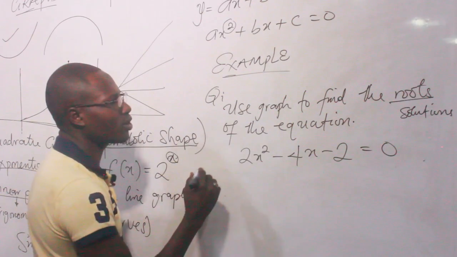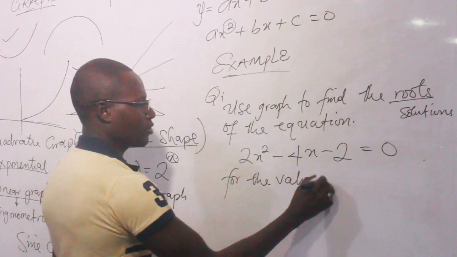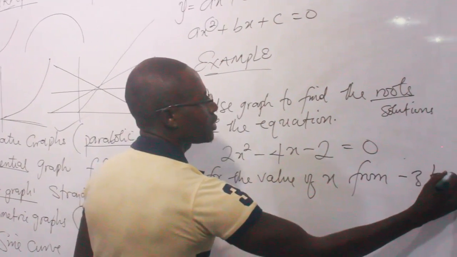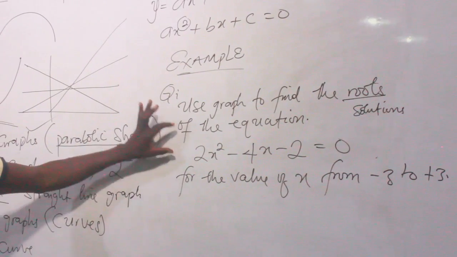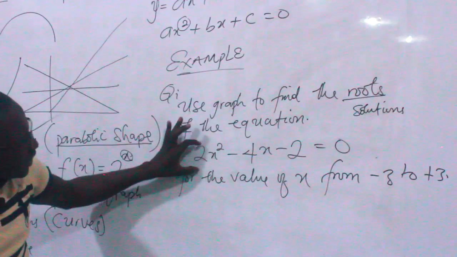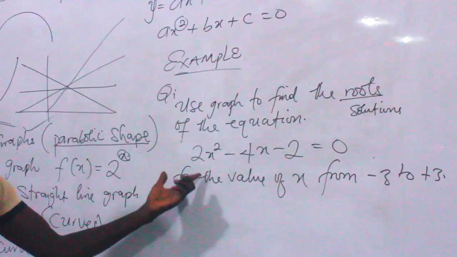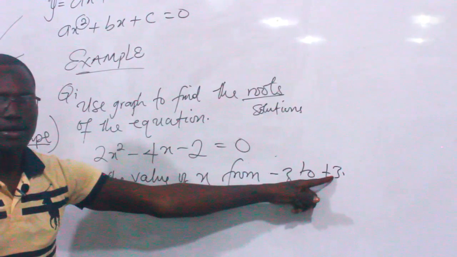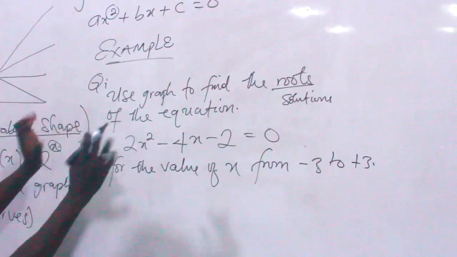Now let's have the values of x from minus 3 to plus 3. Let's assume this is the question. Just solve the equation by taking the values of x from minus 3 to plus 3. Now, follow me shortly and see how we will deal with this question.